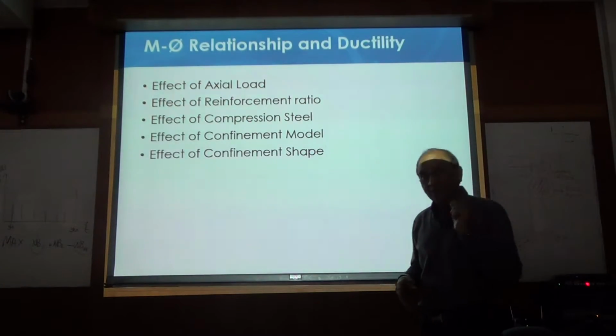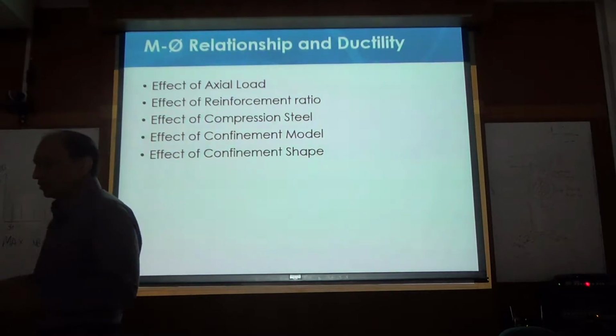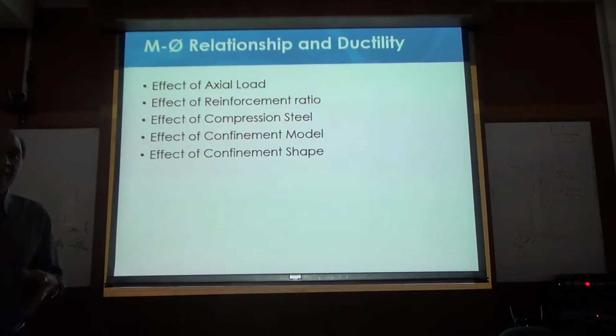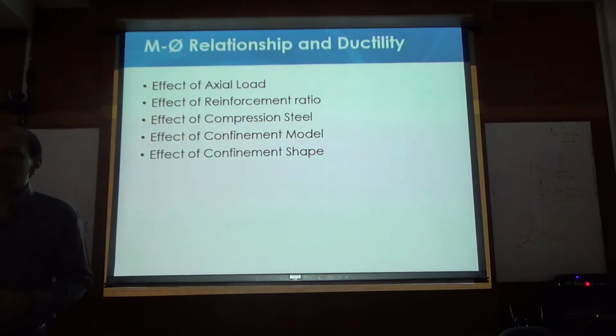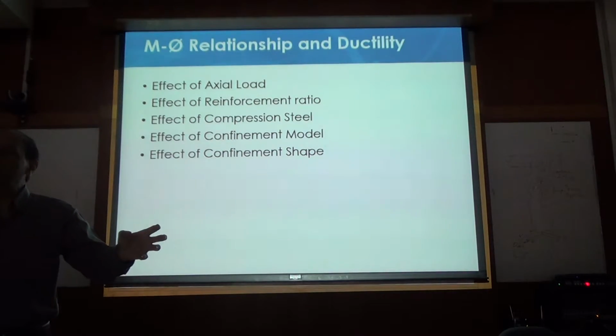Now, one thing interesting is, in a building, not all columns have the same axial load ratio. What does that mean? It means that the architects sometimes want the same column size everywhere. Some of them will have high loading, some may not have high loading.